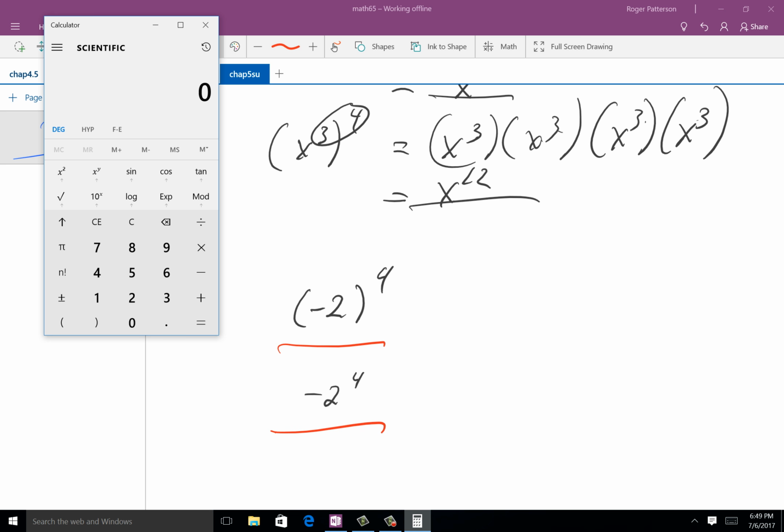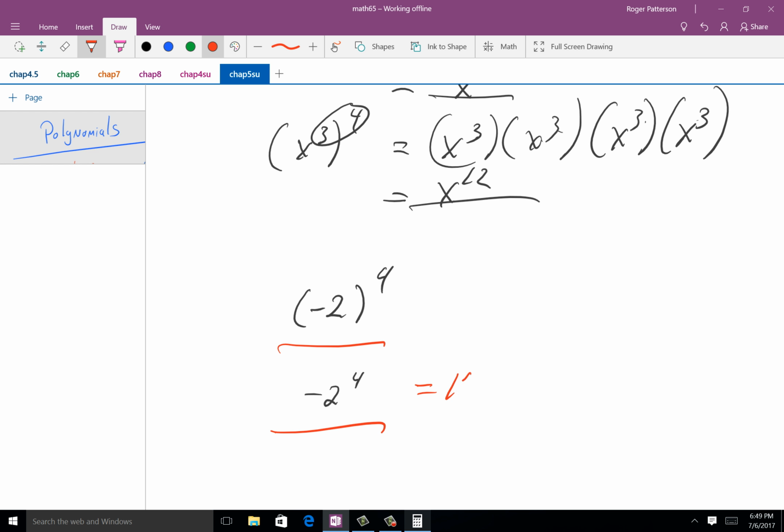Okay, so I'm going to go to negative 2 to the fourth, and it says 16. Okay, which is the correct answer for this one.